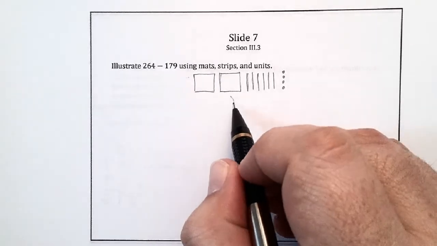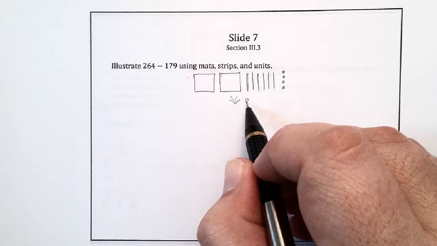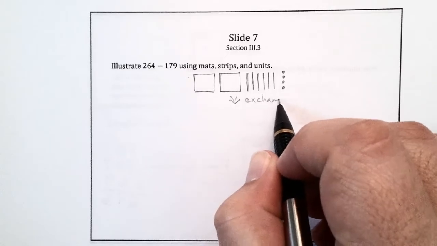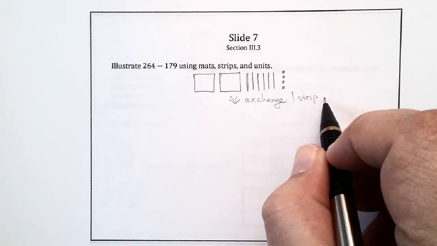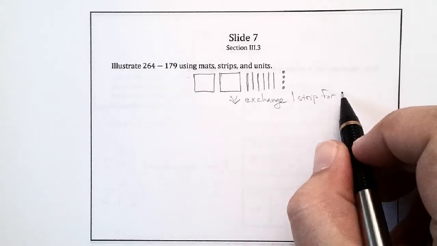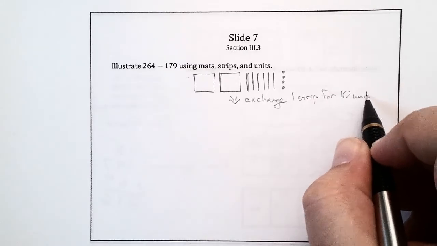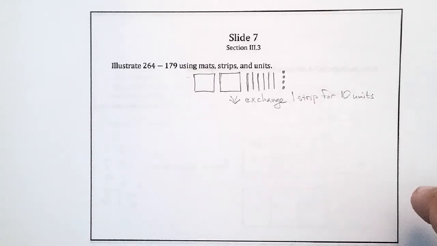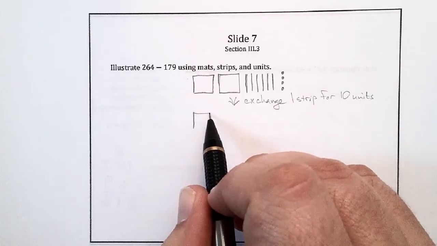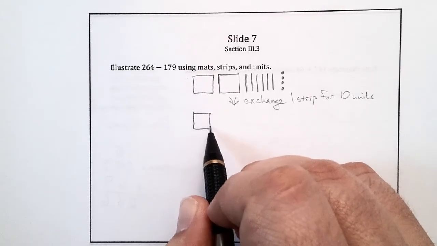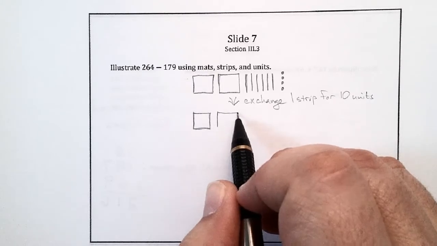So step 1, we're going to exchange 1 strip for 10 units. So we still have our 2 mats, 10 by 10 mats.